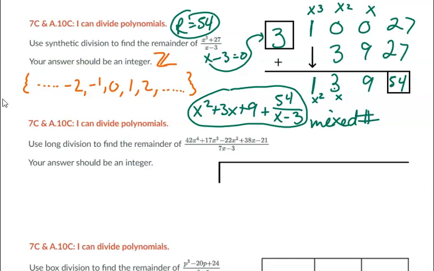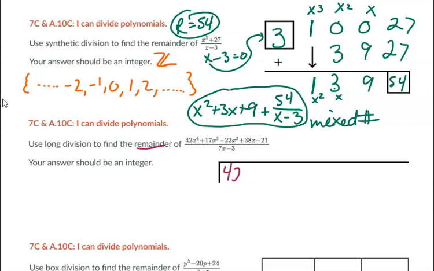I could divide polynomials. Use long division to find the remainder of 42x to the 4th power plus 17x cubed minus 22x squared plus 38x minus 21 all over 7x minus 3. Your answer should be an integer. So let's write these on our long division.